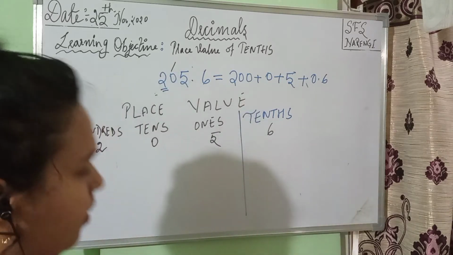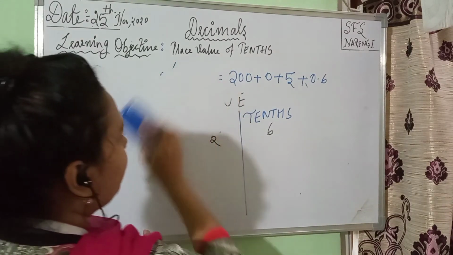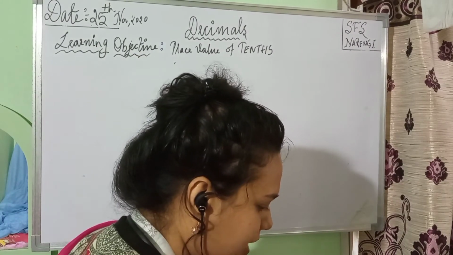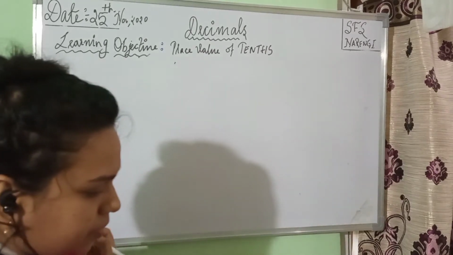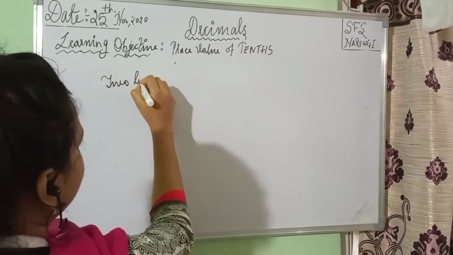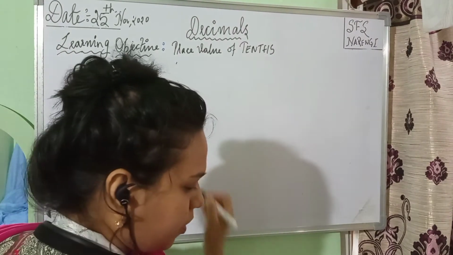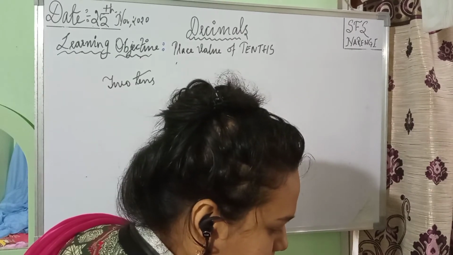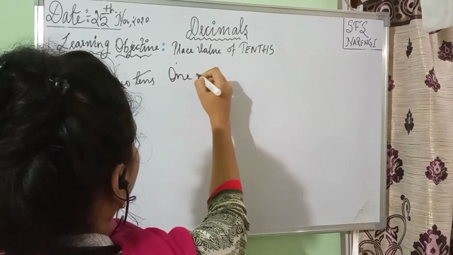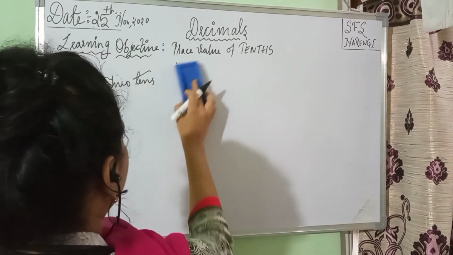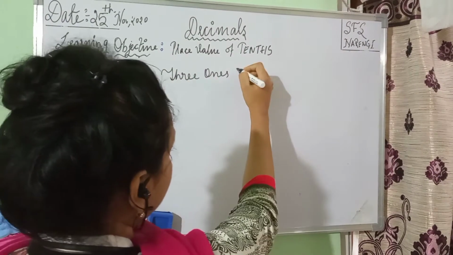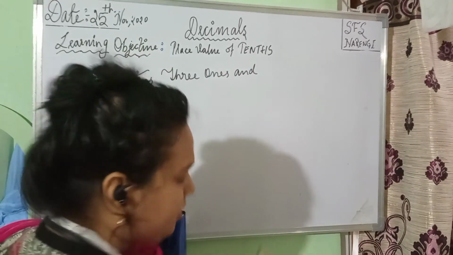Suppose I have to find a number which has 2 tens and 3 ones and 5 tenths.